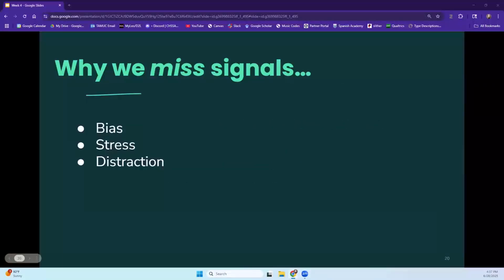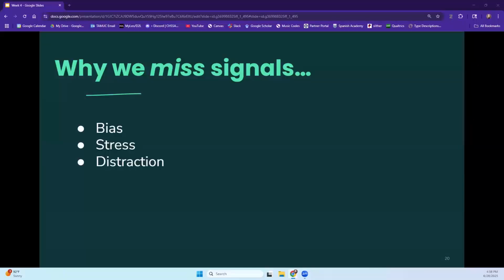A question I was thinking about while I was going through this is, when it comes to empathy, how do we miss emotional signals from others? So if you remember, the definition of social awareness was also being able to accurately identify, recognize, and understand the perspective of another person's life and emotions, right?